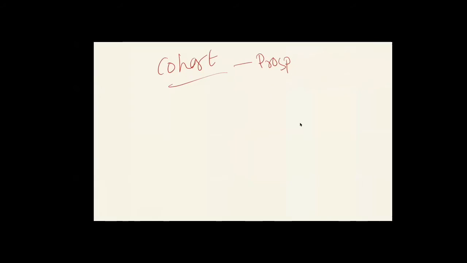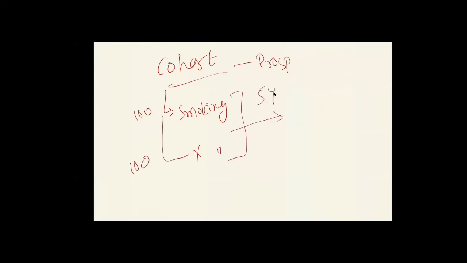If you want to do it prospectively, it is the future, and you can't predict the future right away. So we will take the history of smoking today: 100 people who smoke and 100 people who are not smokers. Those people we will track for 5 years. I'm just giving you hypothetical numbers, okay?